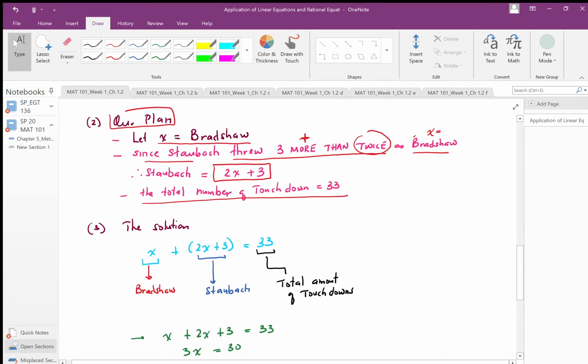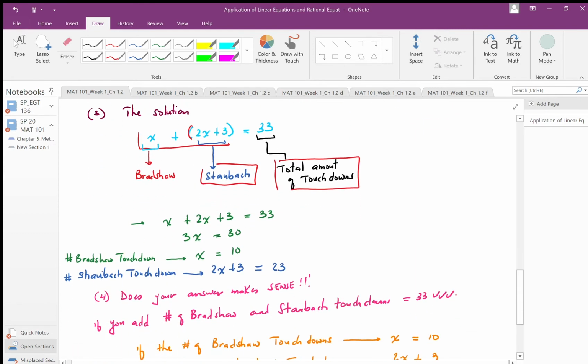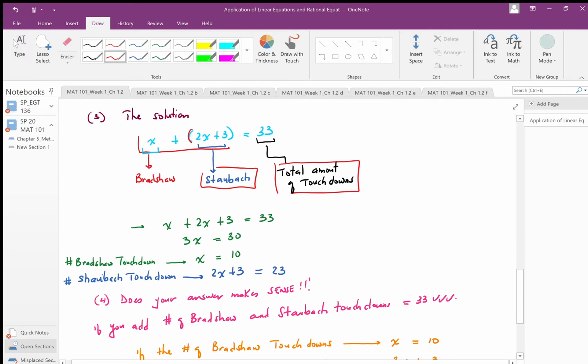So we can set up an algebraic equation, linear to be exact: x plus, in parentheses, 2x plus 3, which is for Staubach. I hope I'm pronouncing the name correctly. And then the total amount of touchdowns. And we can solve for x from that point on. Once we solve for x, we'll know how many touchdown passes Bradshaw threw and how many Staubach threw as well.